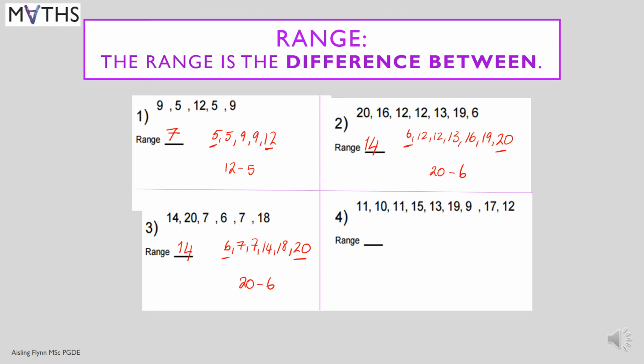Okay, and finally to rank in question 4 we get 9, 10, 11, 11, 12, 13, 15, 17 and 19. Okay, there's the greatest, there's the least, so 19 minus 9 gives us a range of 10. Okay, so that's the range.